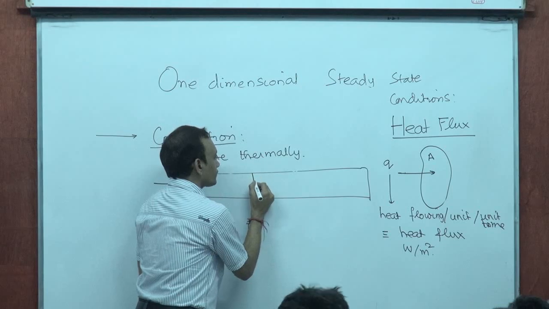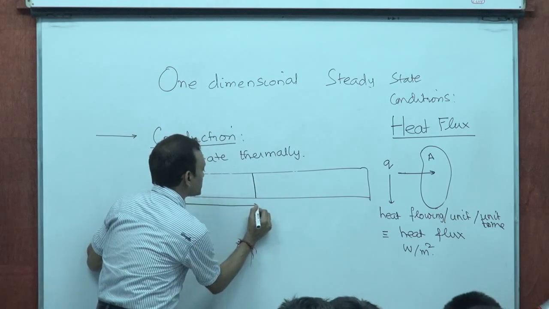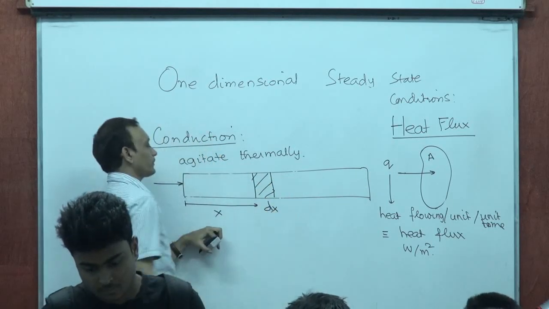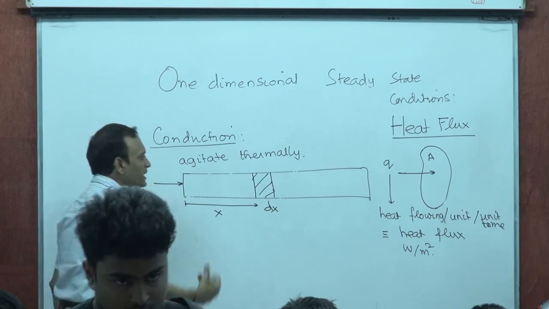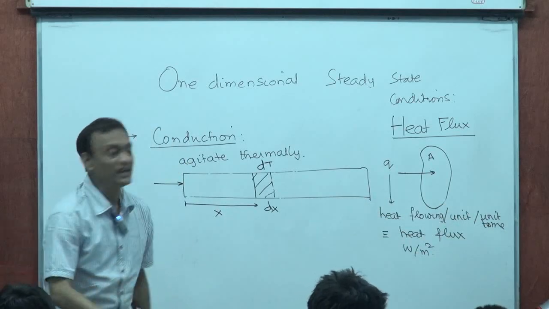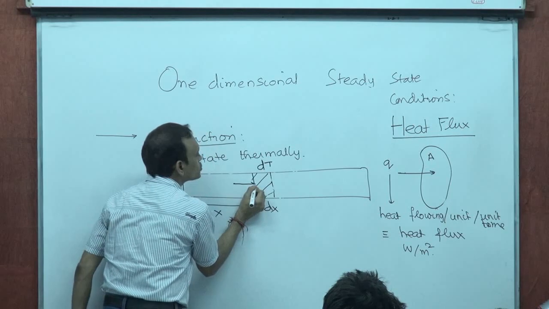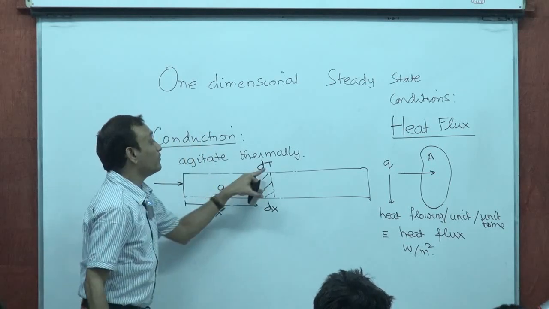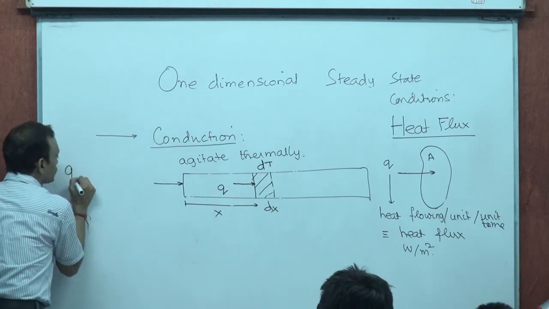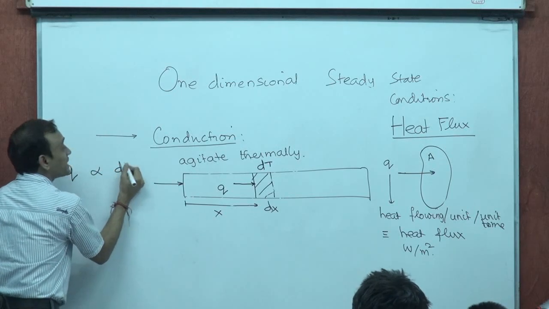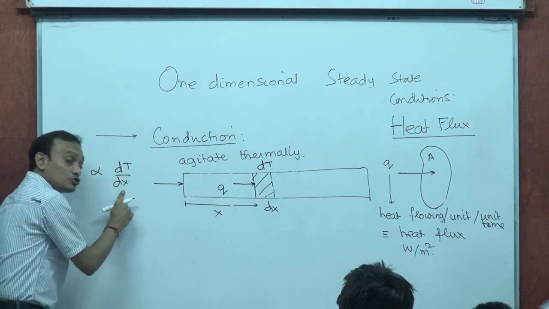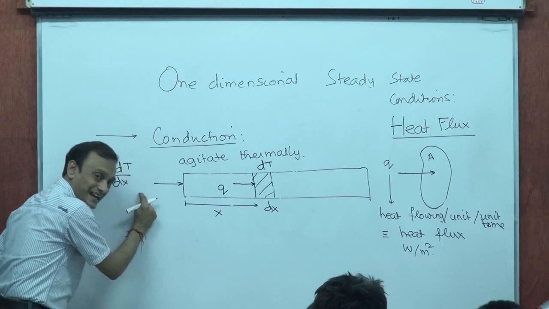At a distance x from here, if I took a small cross section dx, and the temperature changed by an amount dT over dx, then the heat flux flowing through this cross section is proportional to the temperature gradient at x. The heat flux at x will be proportional to the temperature gradient at x, dT/dx at x.